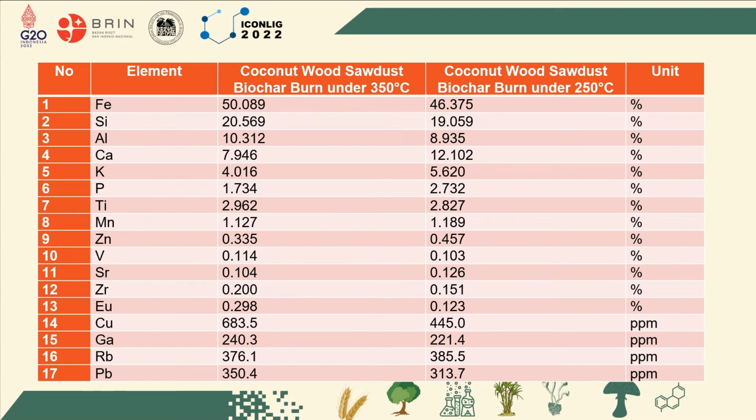I think from this research we can use the biochar as another material, maybe for concrete or other materials which need a lot of Fe and Si as the main material.